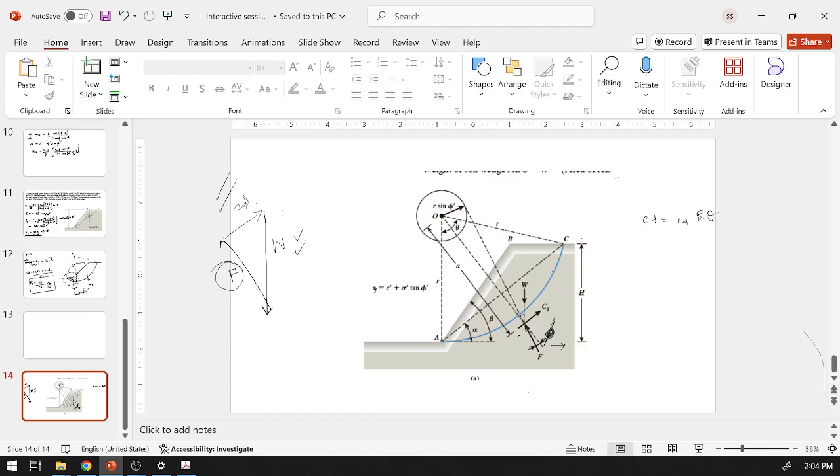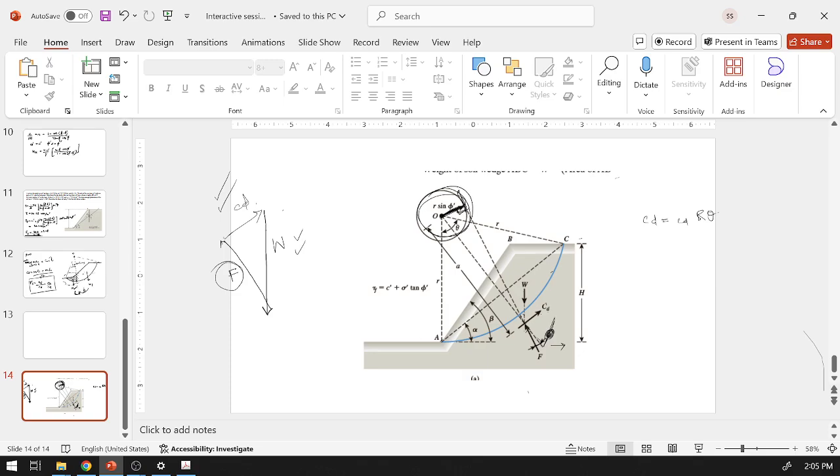So this normal will be a tangent to a circle here. What we do here is we make a 90-degree angle. This will be r sine theta, and we make a circle here.